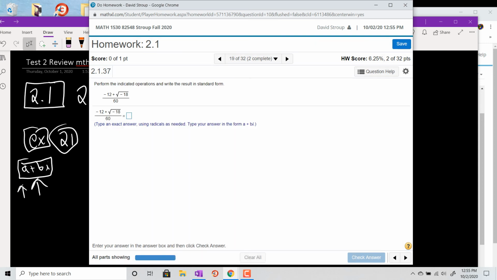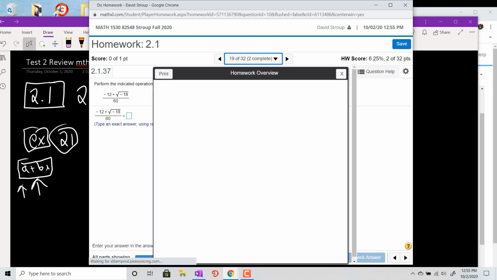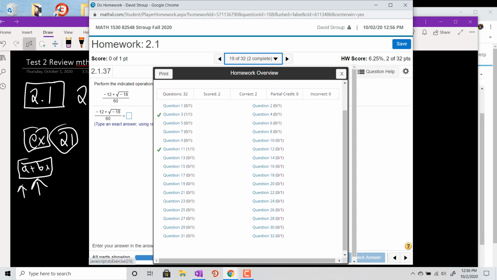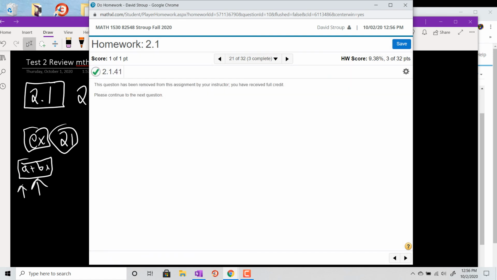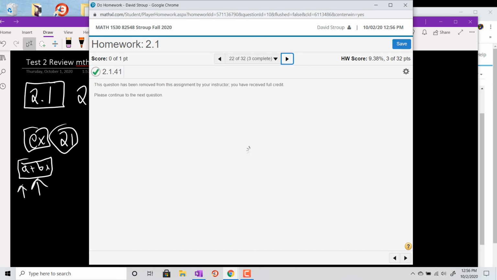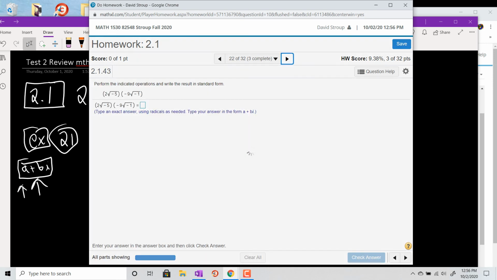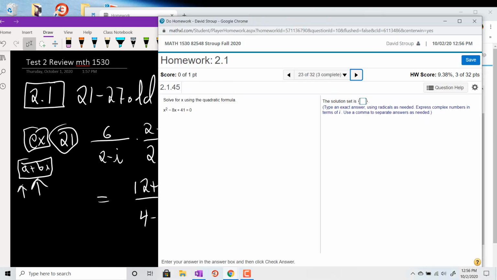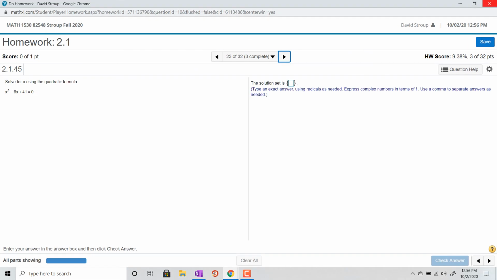I have to literally go one by one until I find it. Oh, here we go. Okay, so solve. This is 2.1.45, so that's like the easiest version of a problem I could give you.